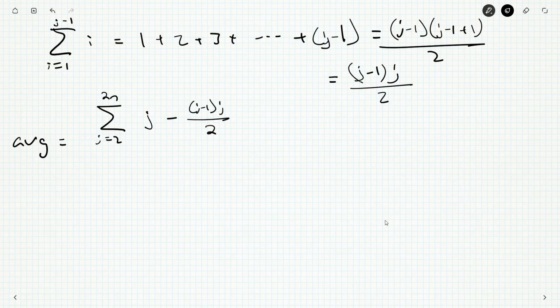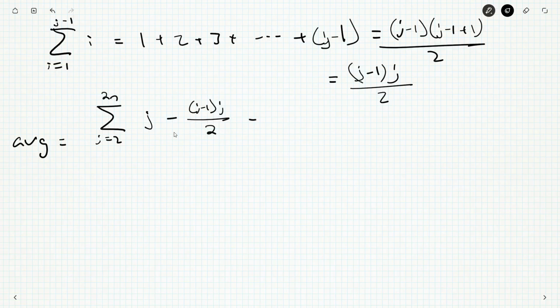Okay. What can we do now? I'm a little upset about this j equals 2 here. I feel like it should be j is 1, but then there'd be no sum, because you'll never get j minus 0, or you'll never get 1 minus 0. It'll never be 1 minus something. So I guess I'm okay with that.